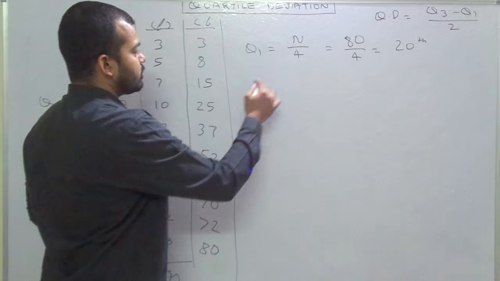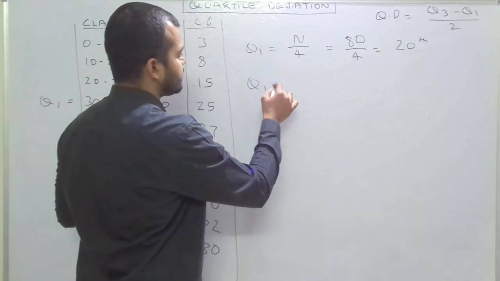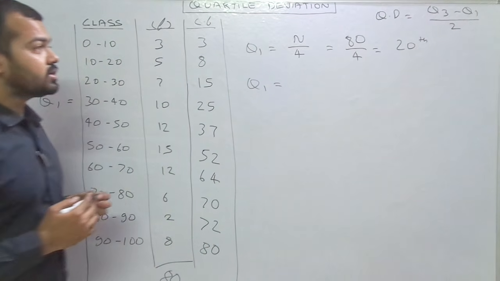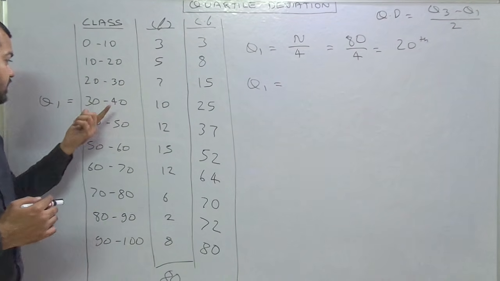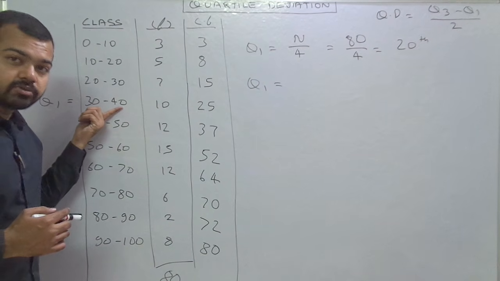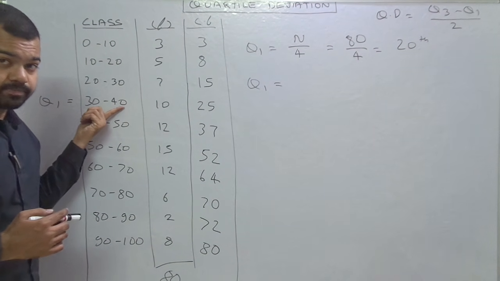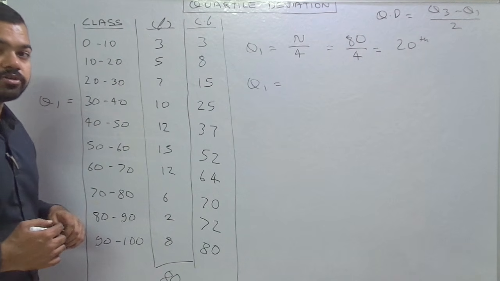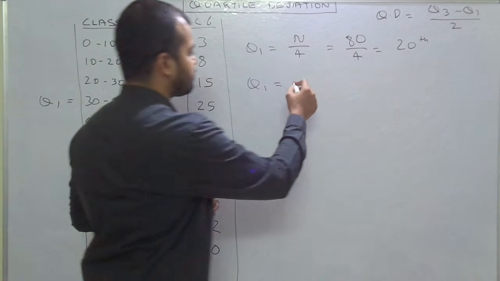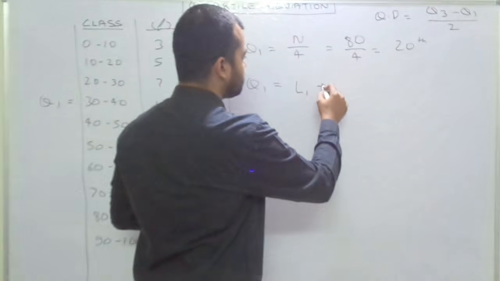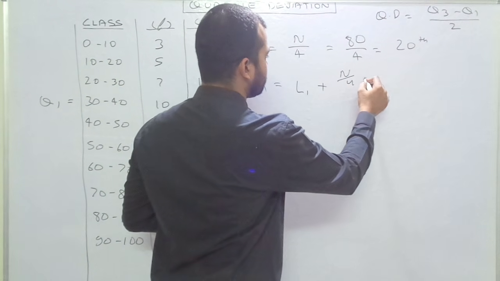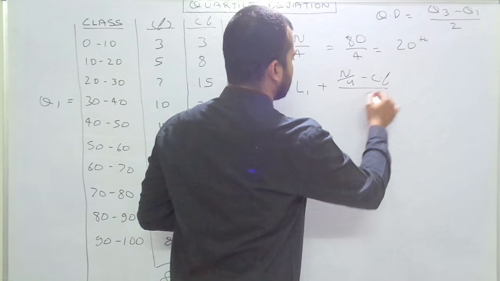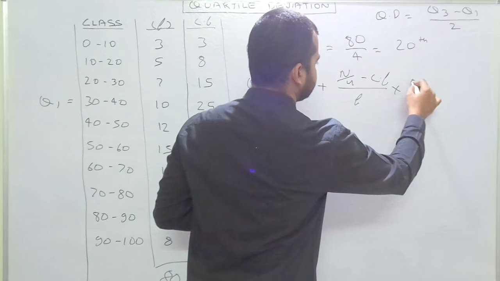Now you have to apply the formula for Q1, because here we know the value lies between 30 and 40, but we don't know the exact value. In order to know the exact value of Q1, we have to apply another formula, that is L1 plus n by 4 minus CF upon F into i.